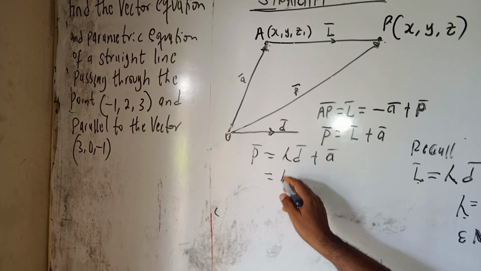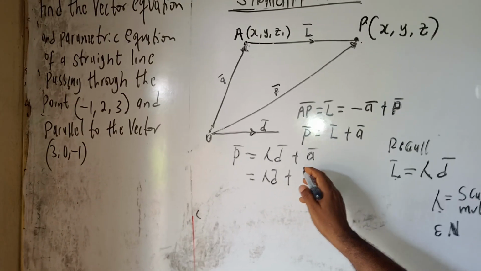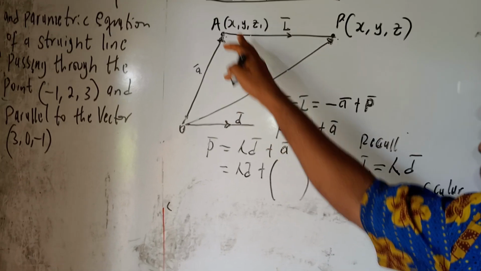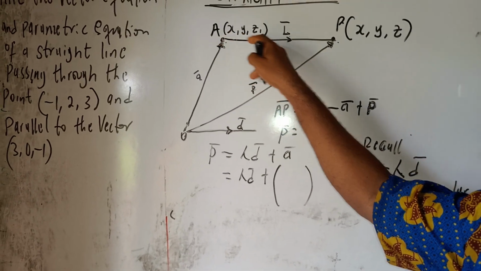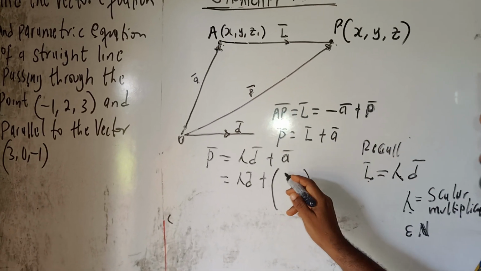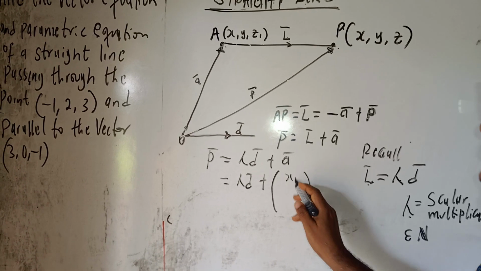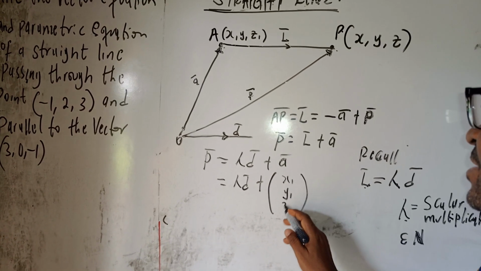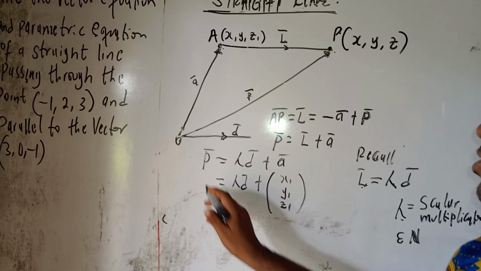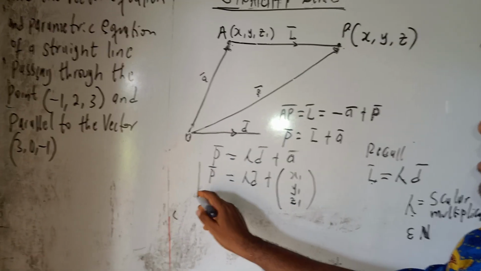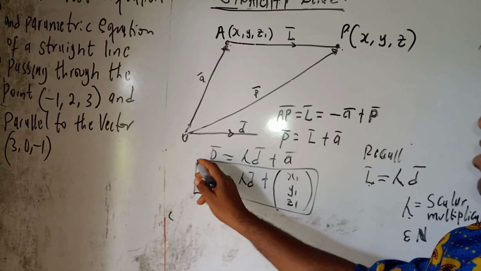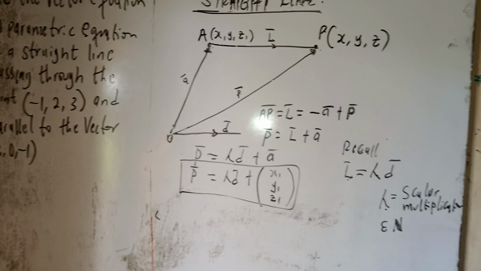So I have it as lambda D plus, instead of me writing x1, y1, z1 in this row form, I can write it in the column form as x1, y1, and z1. So what I have here is called the vector equation of a straight line.